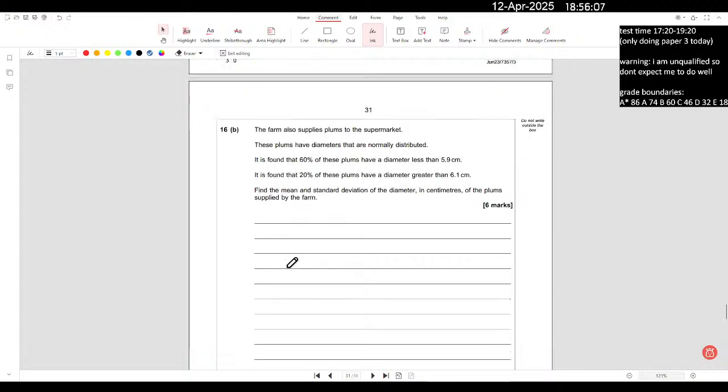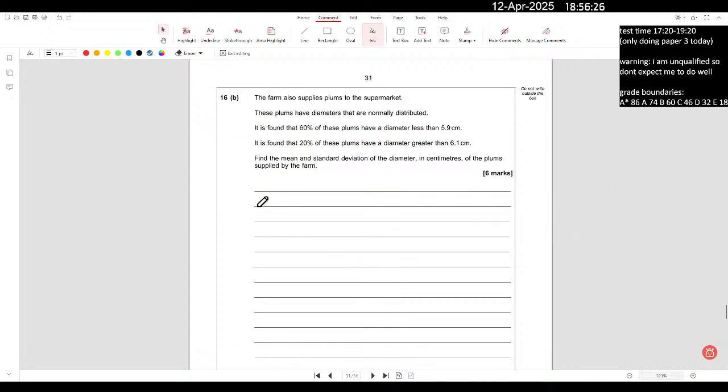I know there's a way to do it if you know the formula of the normal distribution, but I simply don't remember how to do it. I've done it before. It's just too long ago. Could I at least guess or try and get some method marks for it?